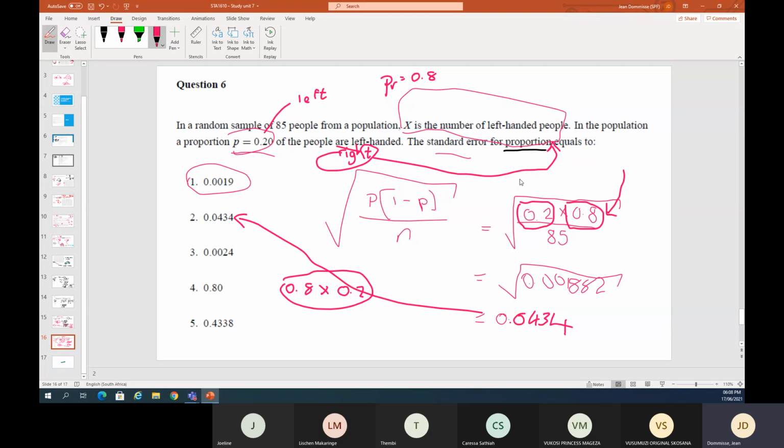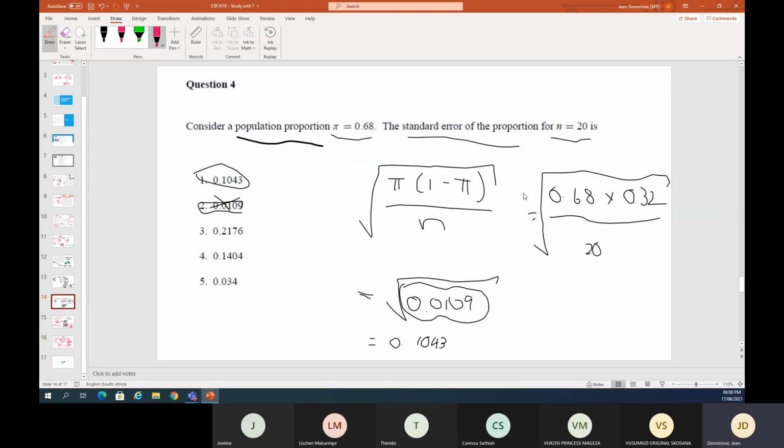So here you have the left-handed, and you multiply it by the right-handed. If we look at the previous questions as well, whatever this was could have been the left-handed, then that part would be the right-handed.